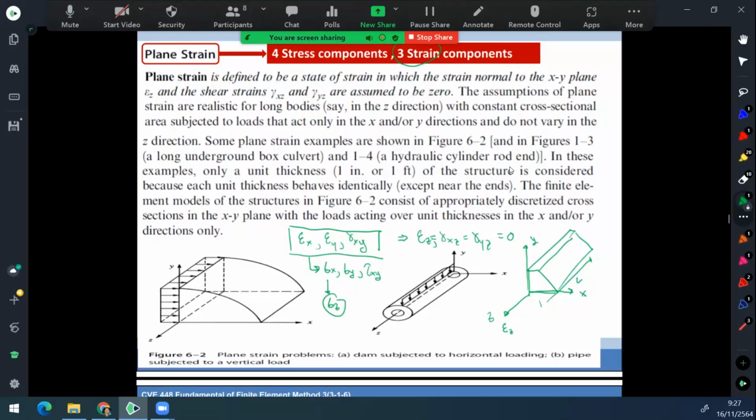It means that epsilon z is very close to 0, so we can neglect it and consider just the in-plane strain. That means considering just epsilon x, epsilon y, and gamma xy should be enough, and epsilon z is the out-of-plane effect that is small enough that it is not necessary to consider. That is the case of the very long body, and we apply the plane strain problem to that.